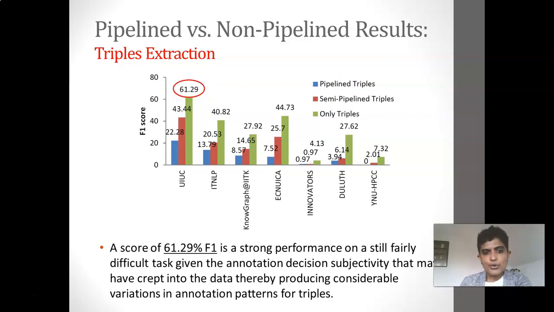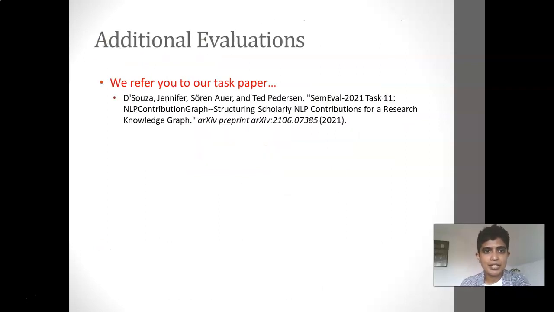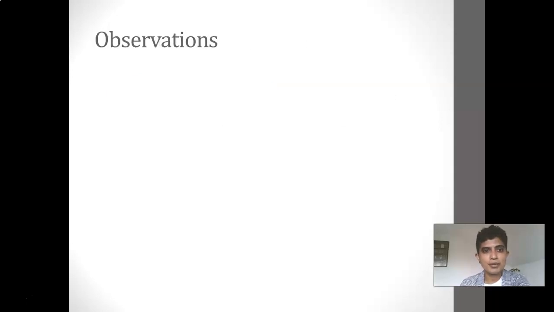We think that a score of 61.29 is a strong performance on a still fairly difficult task, given also the annotation decision subjectivity that may have crept into the data. For additional evaluations, we refer you to our task paper.